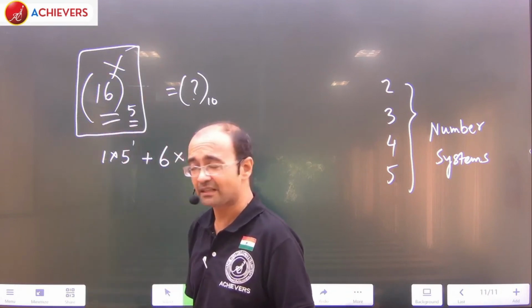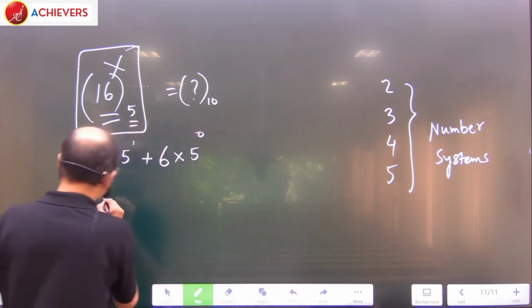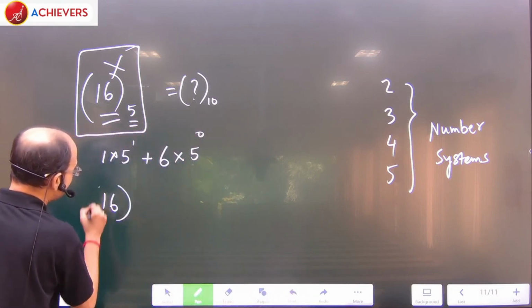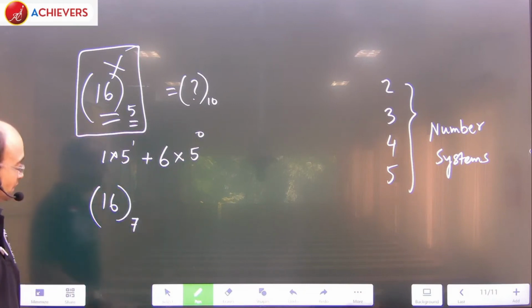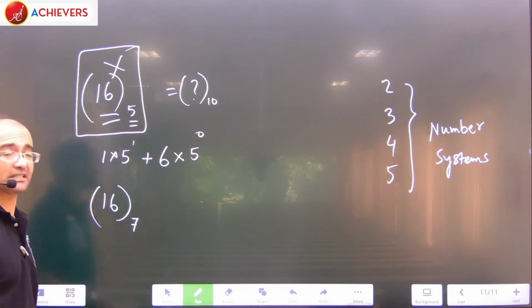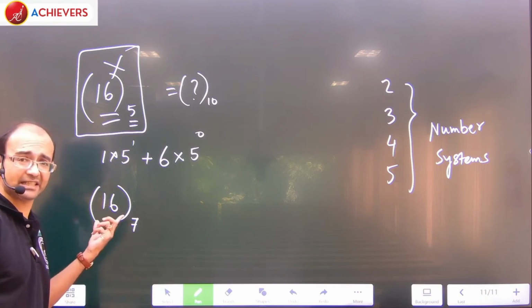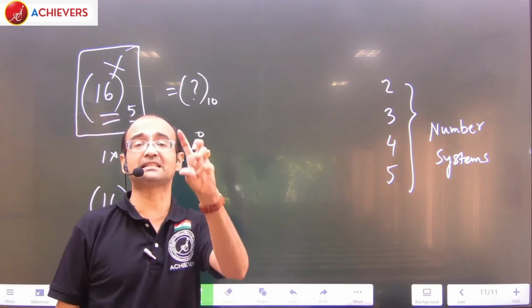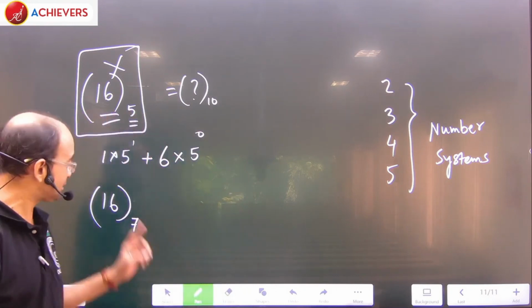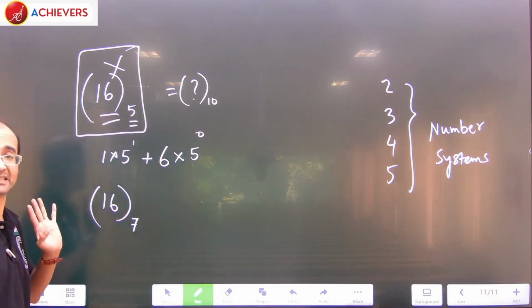Is it clear? This can be represented in a number system of at least base 7. If 7 is the base, then we can represent 16, because 6 is the digit that we can represent at least in a number system 7, that is 1 more than 6.